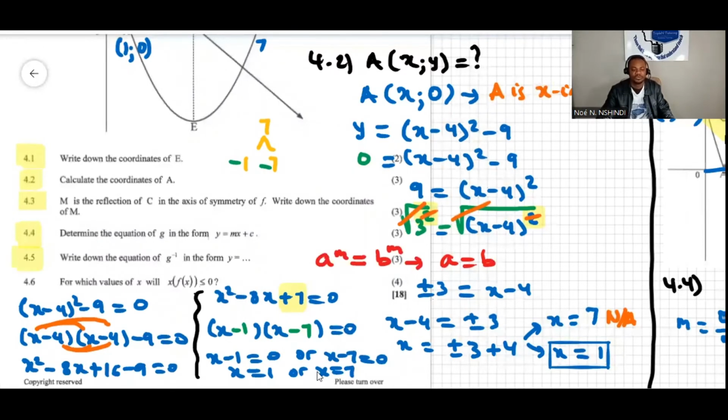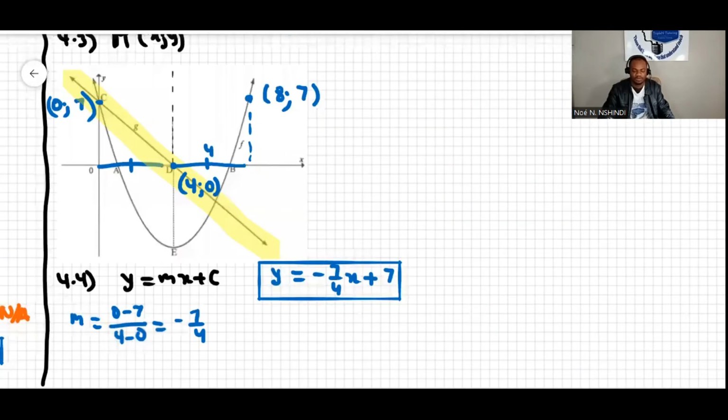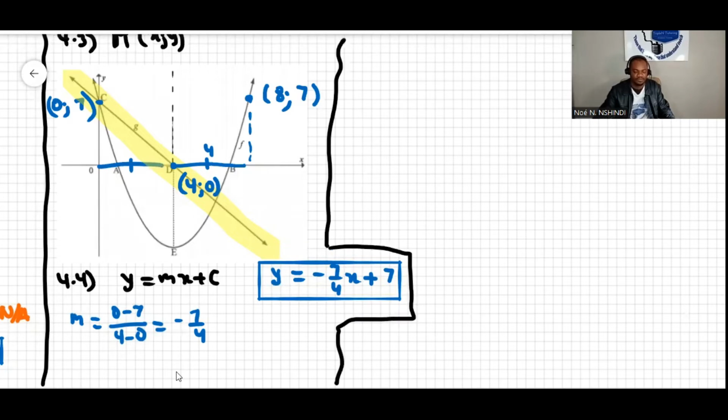The question says write down the equation g minus 1 in the form y equal to. We have 4.5, so we're looking for g minus 1, the inverse of g. We found the graph of g is y equal to negative 7 over 4 x plus 7.